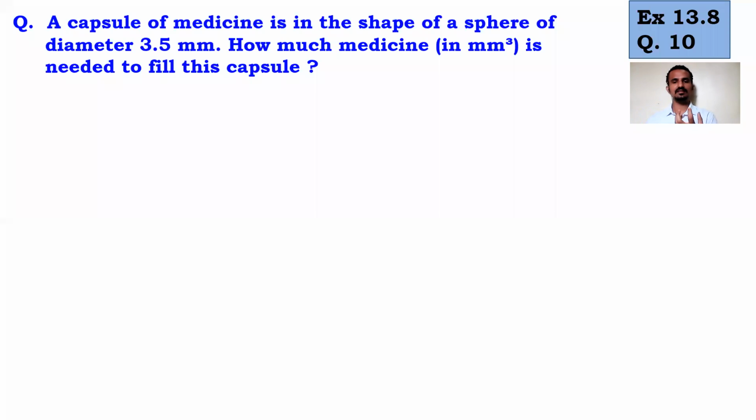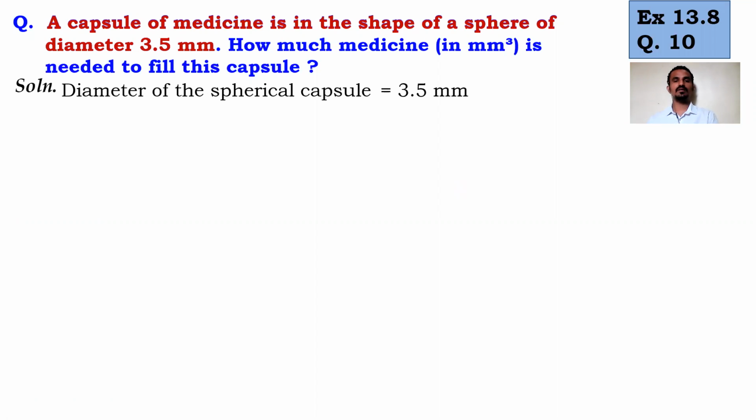So whenever we fill anything, we are calculating the volume. So here, to find how much medicine is required, we'll need to find out the volume of this capsule. So first, we'll just write down the radius. Because they have given the diameter, we can find the radius. So let's solve this one.